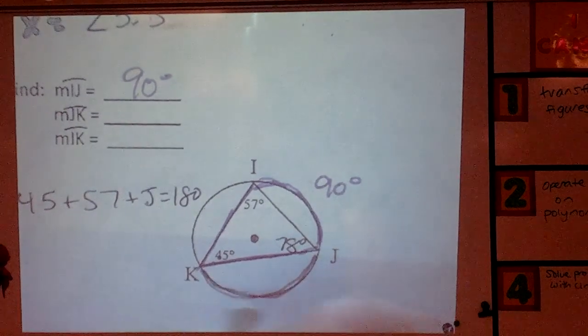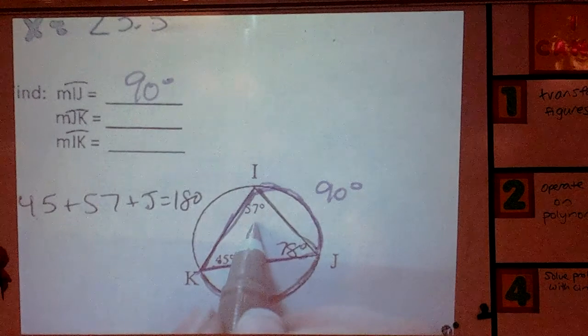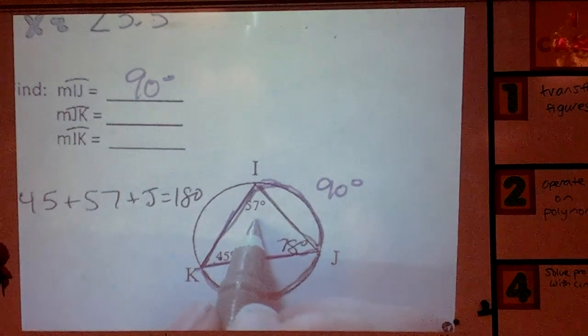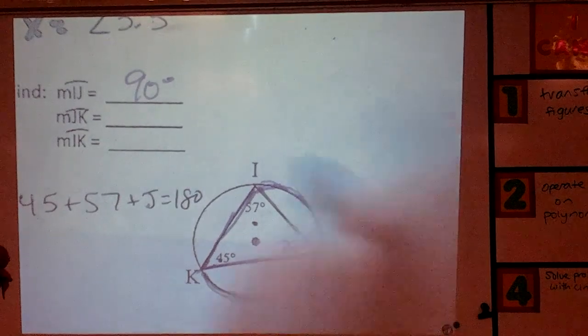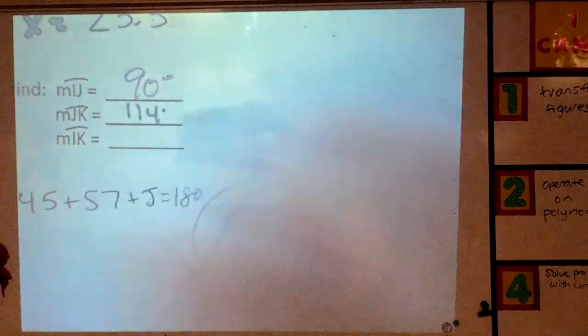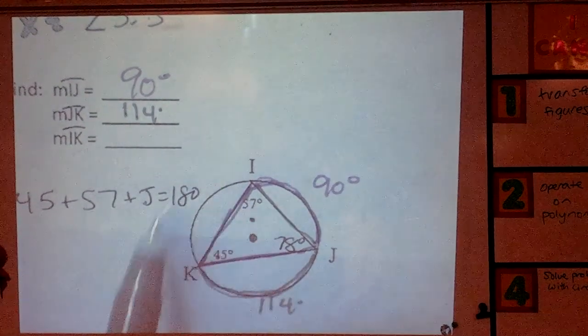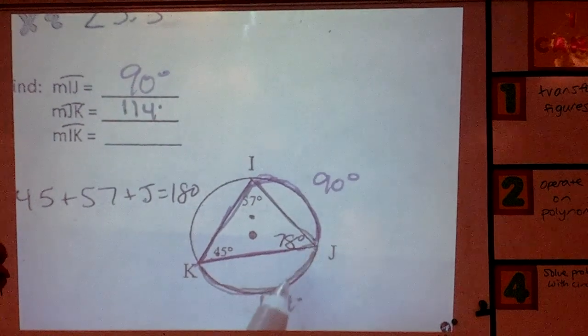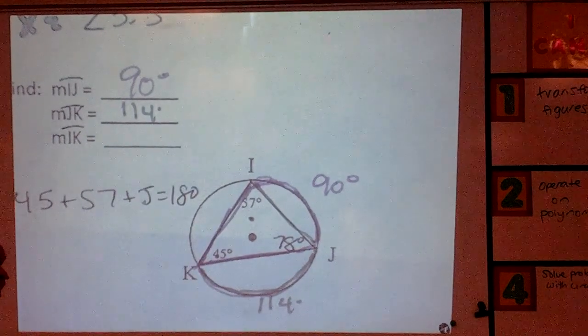Arc JK is right here. So what angle is that regarding? 57. So 2 times 57 would give me 114. And then I could either find IK by subtracting these two from 360 or multiply 78 by 2.